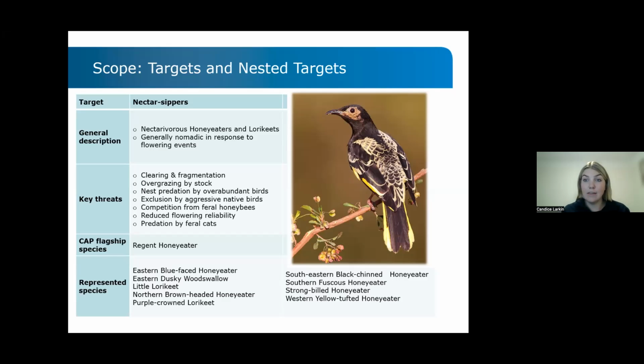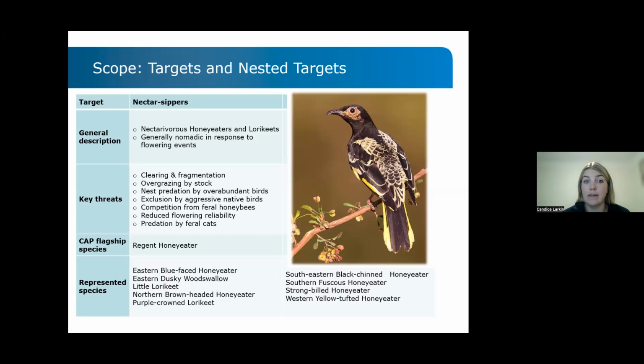What that means is these birds are constantly moving around in the landscape looking for nectar resources to take up. And so a lot of lorikeets, obviously like the little lorikeet, which is also a threatened species, a lot of these birds are constantly moving around in the environment, which means while you might not see them in one area at one time, they might be back in 2 years' time if flowering conditions are right.